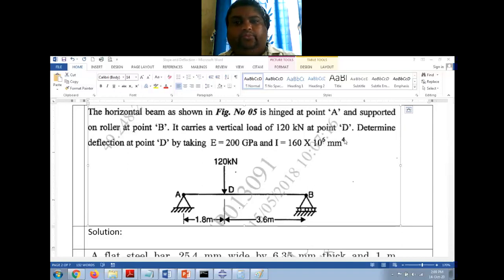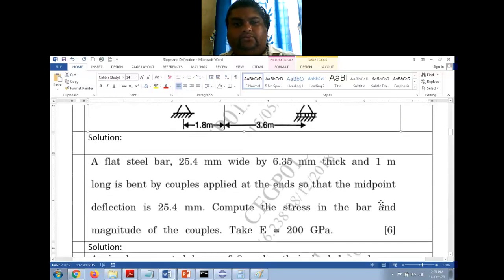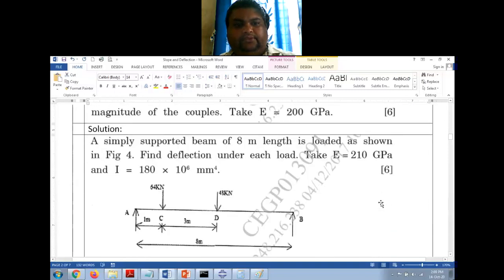Right? So you be very careful with the unit of I. In some questions, they will directly give the value of EI, E multiplied by I in terms of kilonewton meter square.